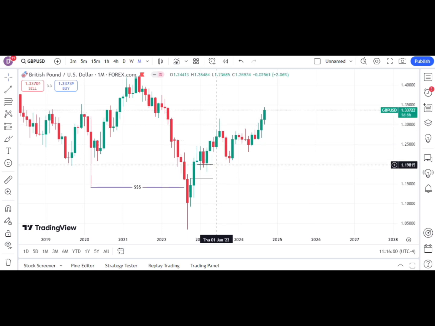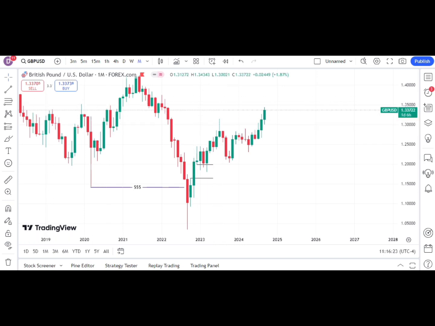This can actually be an entry for us, but I'm going to be explaining that later in future videos. Just like I said, we had this up close candle, and then it came back into this fair value gap, and then we started rallying up and created a swing high here. Just take note of this.